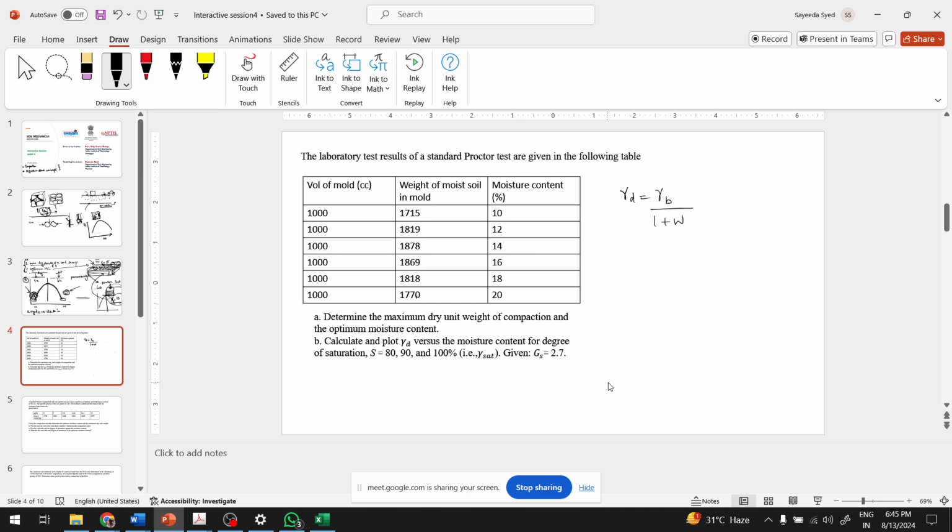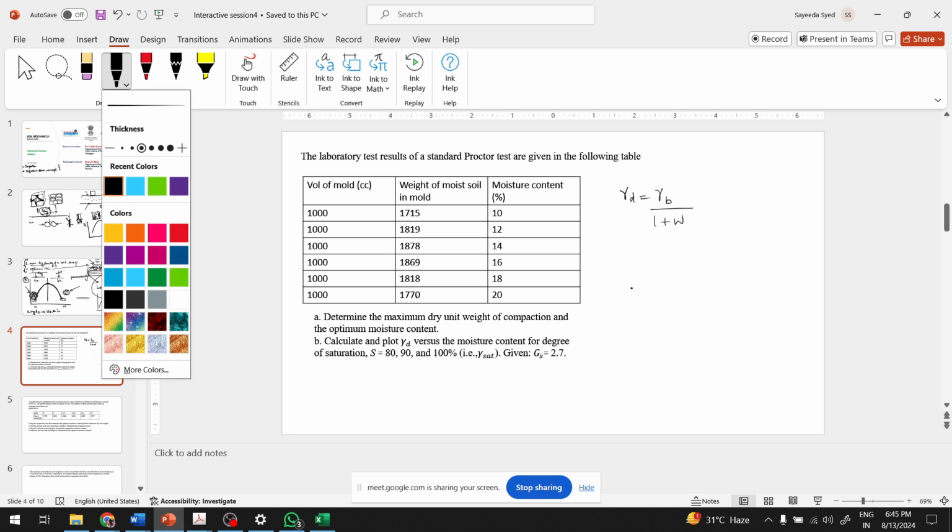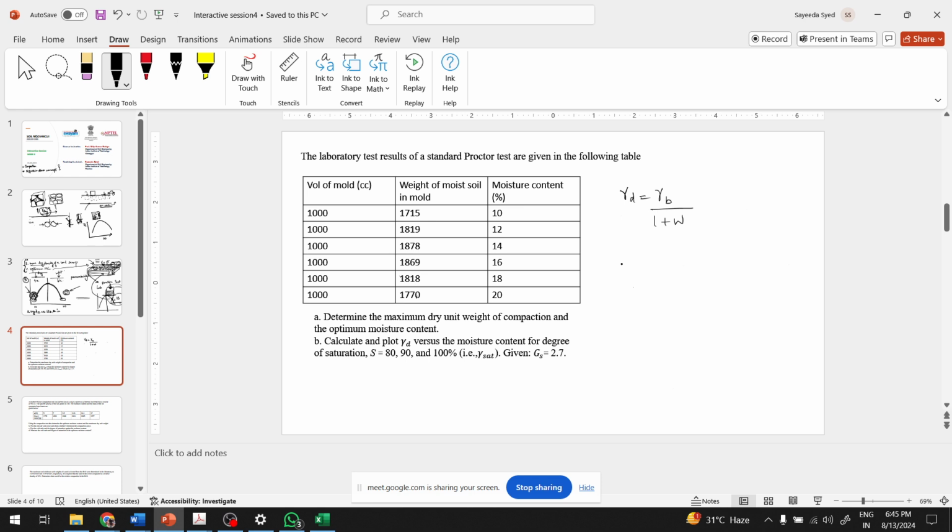We know the formula for gamma D equals G gamma W over 1 plus E, isn't it?